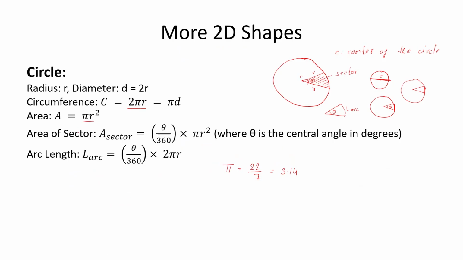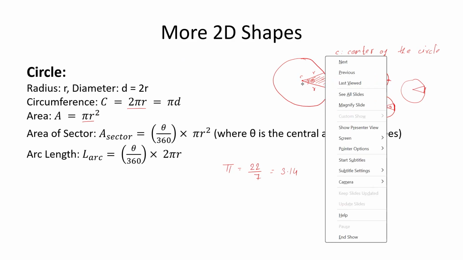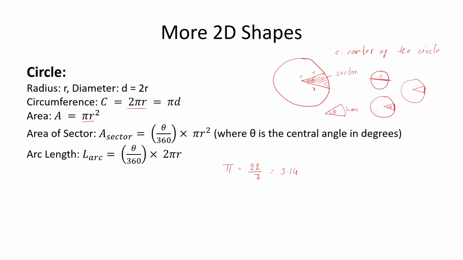Next shape is a circle. A circle looks like this, and in a circle you have a center point, which is known as the center, and if you connect your center to any point on the circle, this length is known as the radius of a circle. We denote it by the letter R. So the radius of a circle is R, and the diameter of a circle is, suppose this is a circle, this is the center.